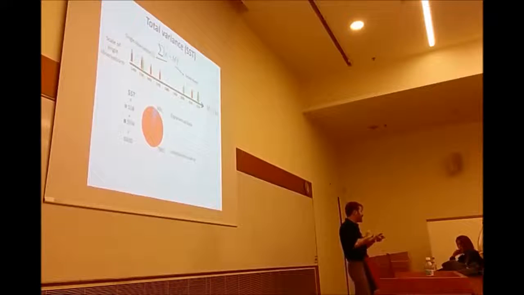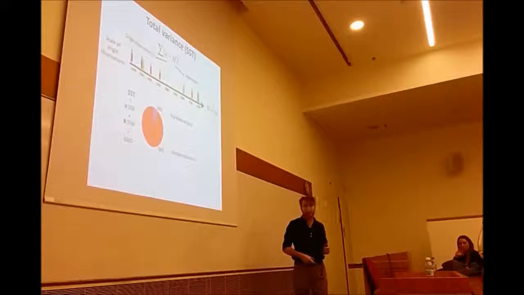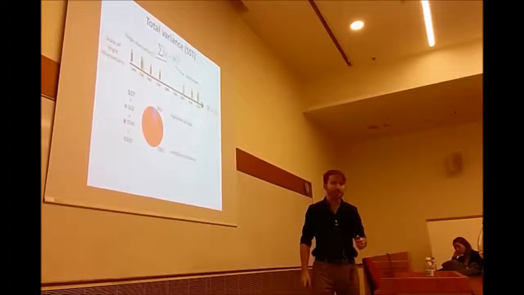I can have a situation where I add participants and SSB will increase but SSW will not, a situation where SSW increases but SSB does not, or they will both increase. So there's one thing you can't do when calculating SSB and SSW: you can't infer one from the other.